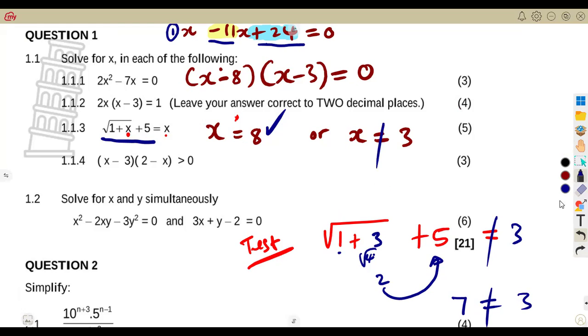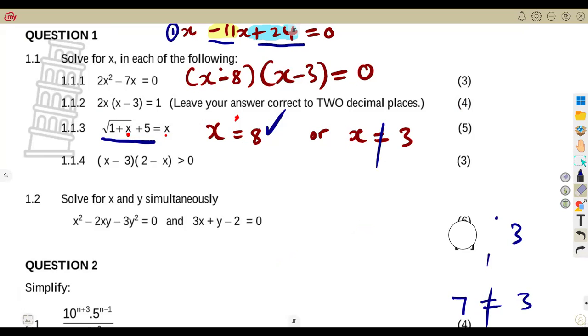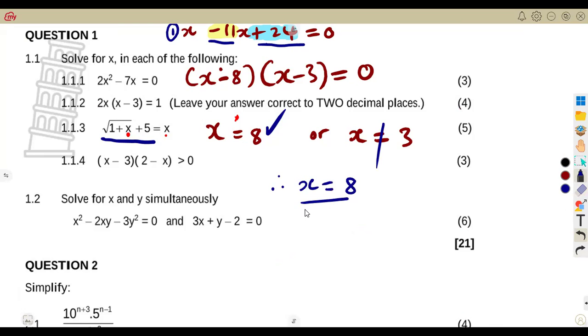So x cannot be equal to 3, because the left-hand side and the right-hand side are not equal. So in our case, x is 8. This is the value which makes the left-hand side and the right-hand side equal. That is the case. Just like that.